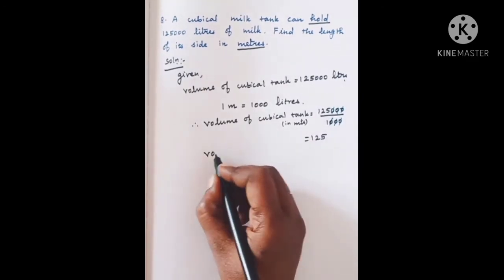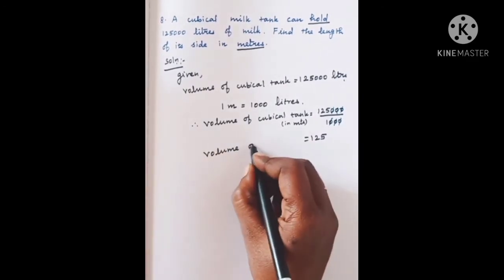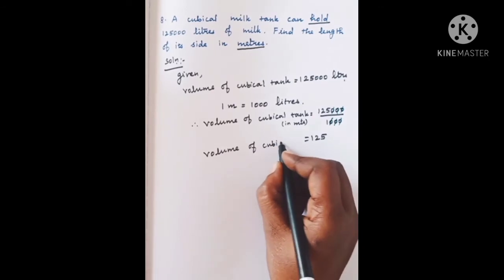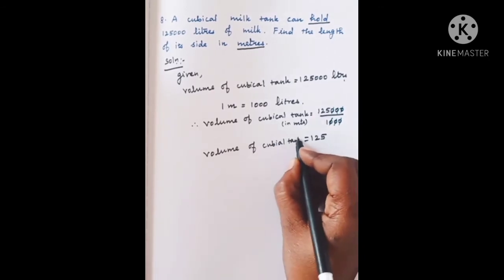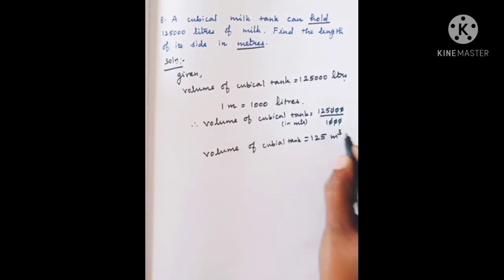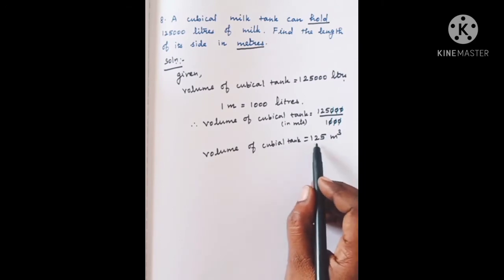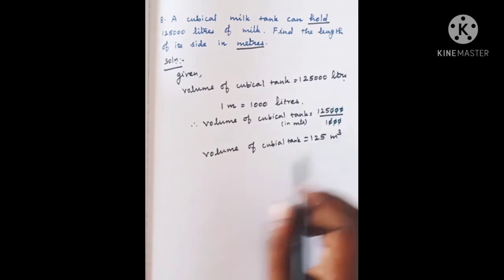So volume of cubical tank is equal to 125 meter cube. Now we converted this liters into meter cube. So this is the volume of cubical tank in meters, 125 meter cube.